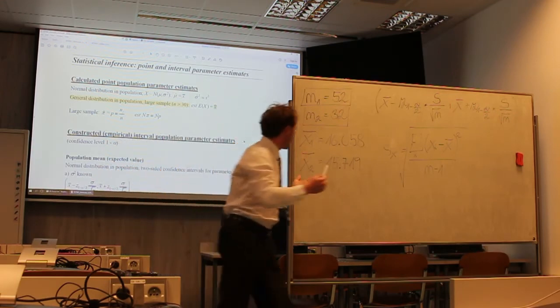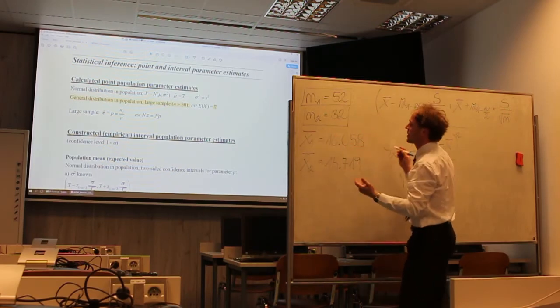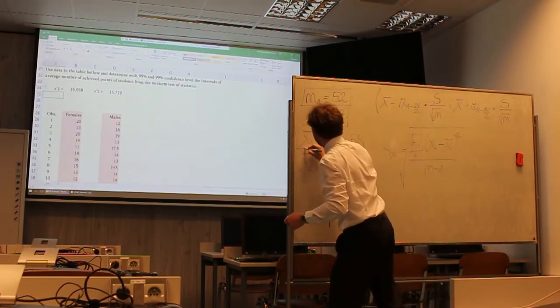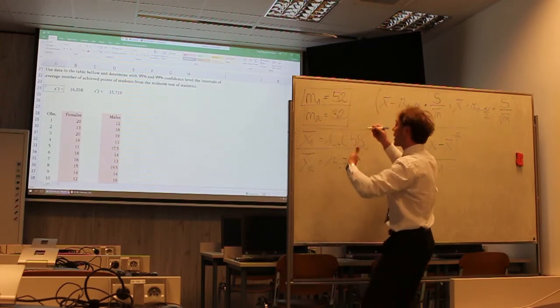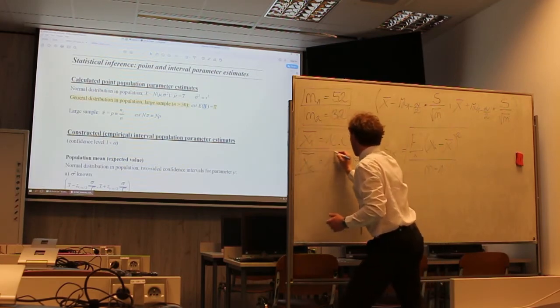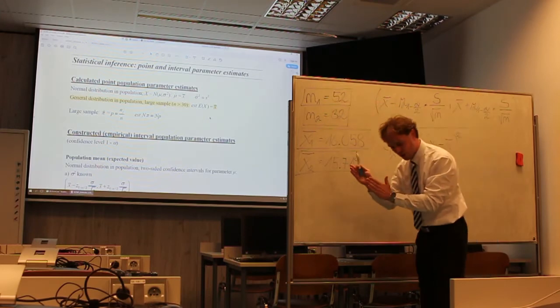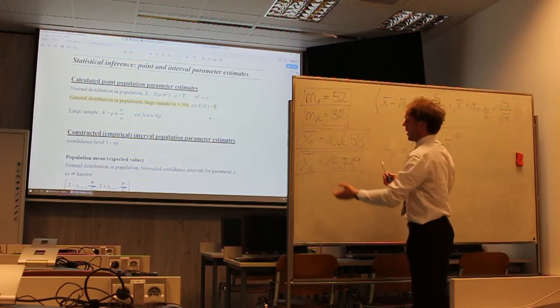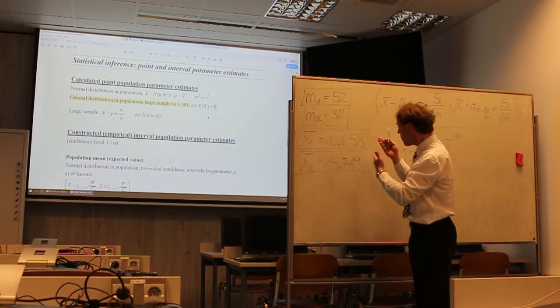We calculated two point estimates for expected value, the expected number of points achieved by females and by males.